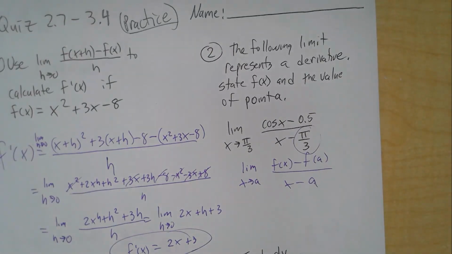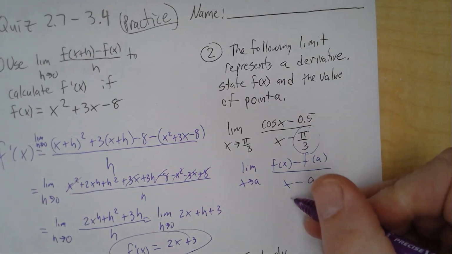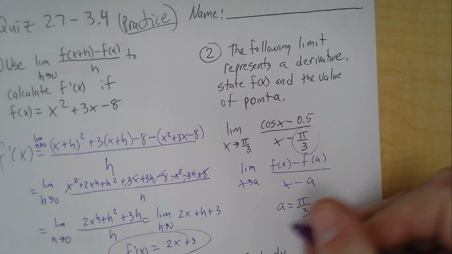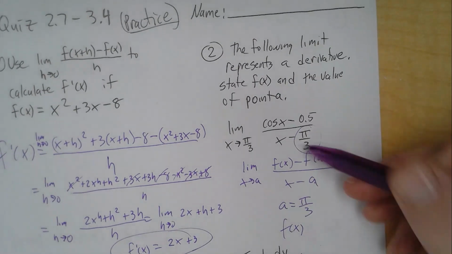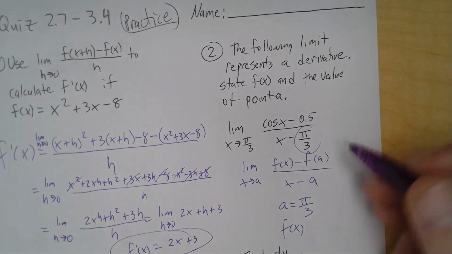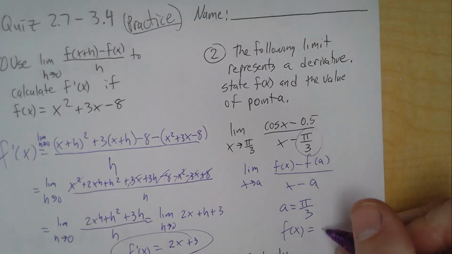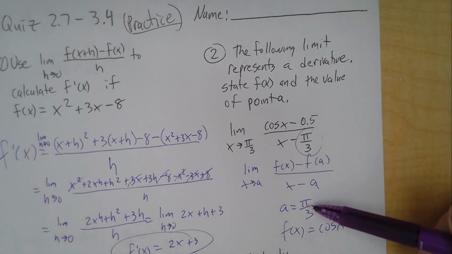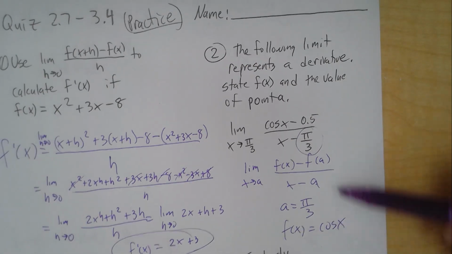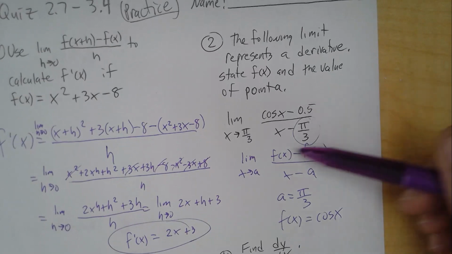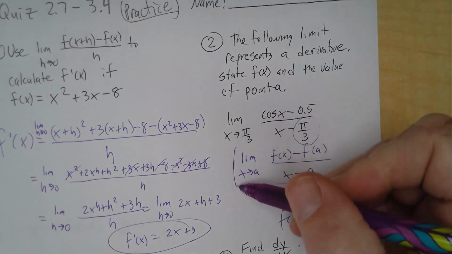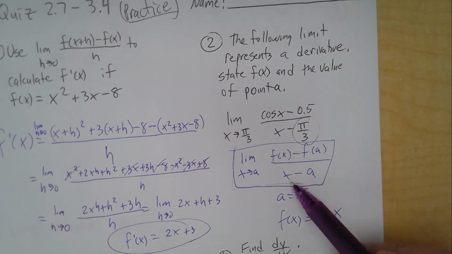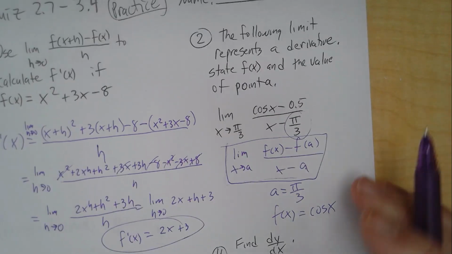We're taking the derivative at pi over 3. So a is equal to pi over 3, and the function is right there. The function is cosine of x, which makes sense because when you put this into here, you get 1/2, and that's what's sitting up there. So this is the other definition of the derivative: function minus function evaluated at a point, and then x minus the point.